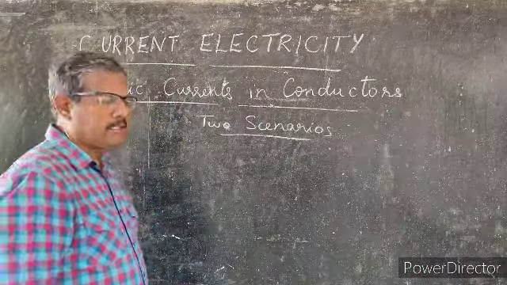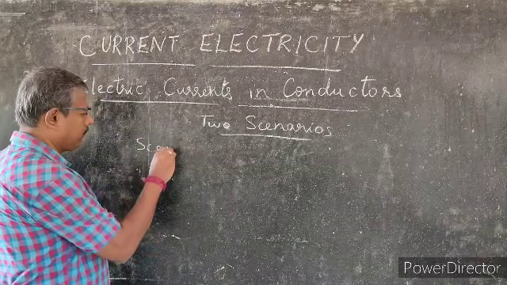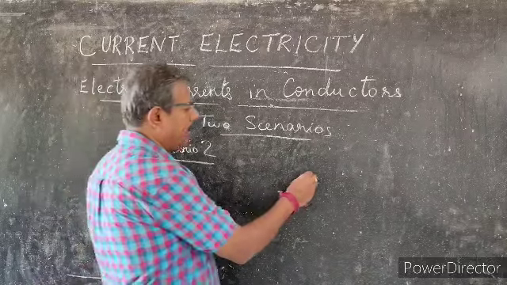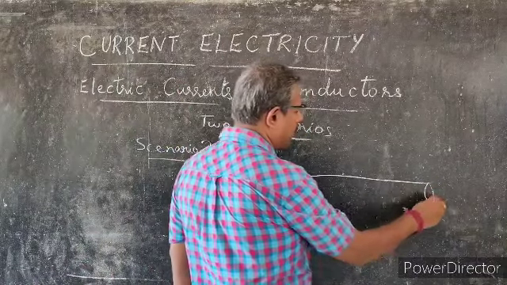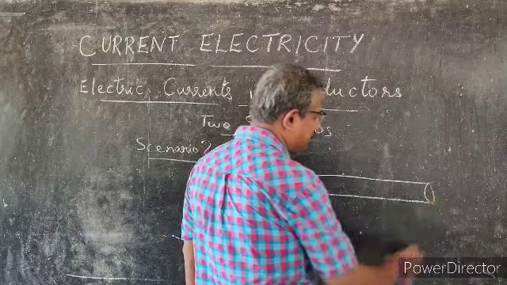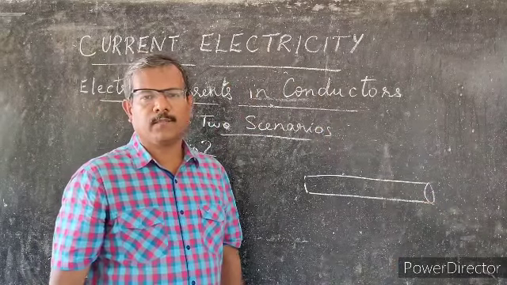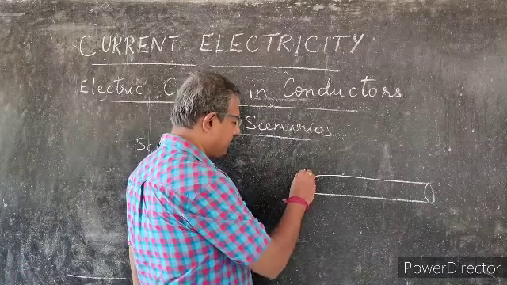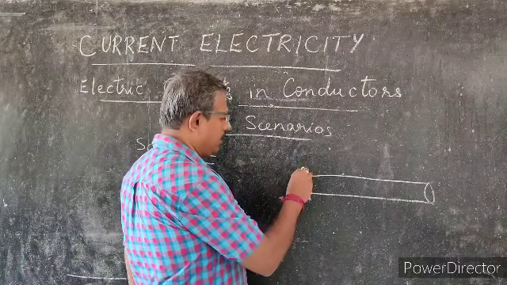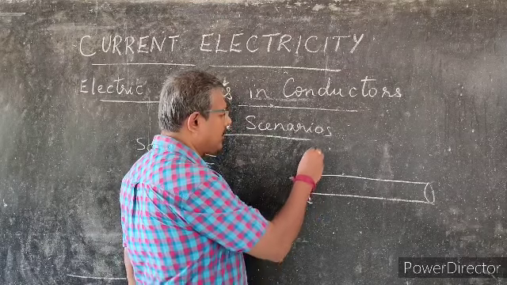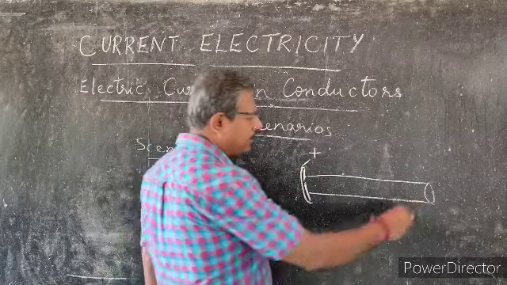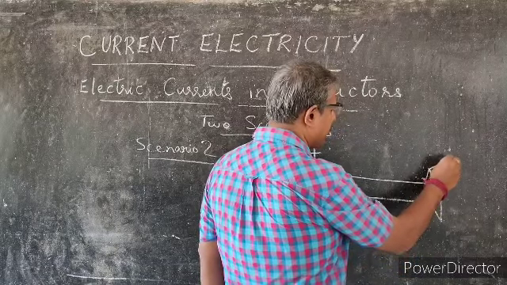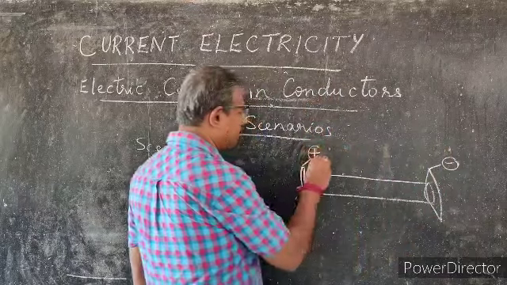Now let's consider scenario 2. I take the same piece of my cylindrical iron, and this time round I introduce an electric field by introducing a pair of discs, one a positively charged disc at one end and a negatively charged disc at the other end.